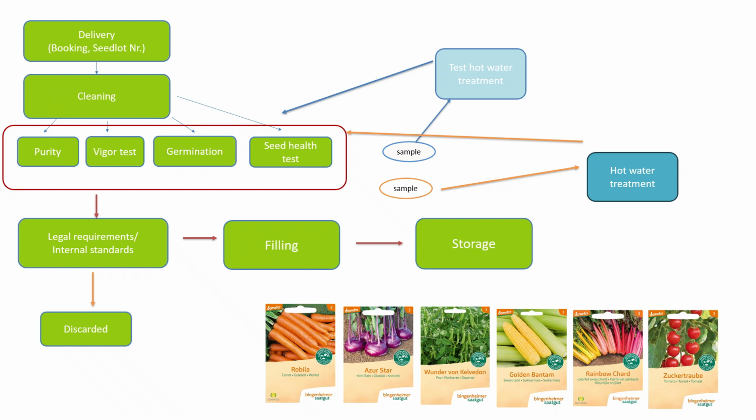After the treatment, a sample of the treated seeds again travels to the diagnostic laboratory, where germination and seed health tests are done. Only after the legal requirements and internal standards are fulfilled are the next steps done, meaning finally filling the bags, labeling, and also putting either the filled bags or the batches of treated seeds into storage.